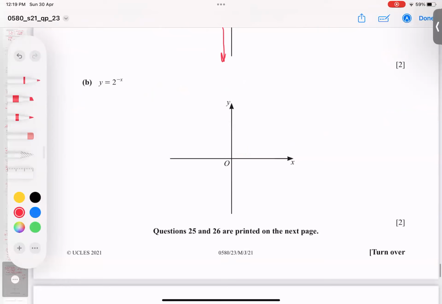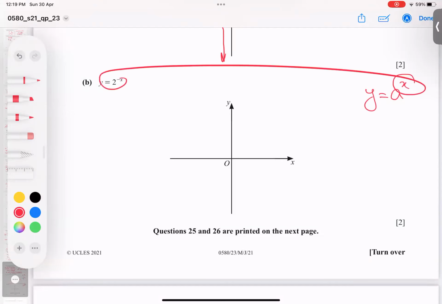What about this one? Whenever this kind of graph comes, it means y equals any number to the power x, like a to the power x, 2 to the power x, 3 to the power x, 5 to the power x, or even the power negative x, both options. You will take the best technique, because when you plug in x equals 0, something to the power 0 is 1.